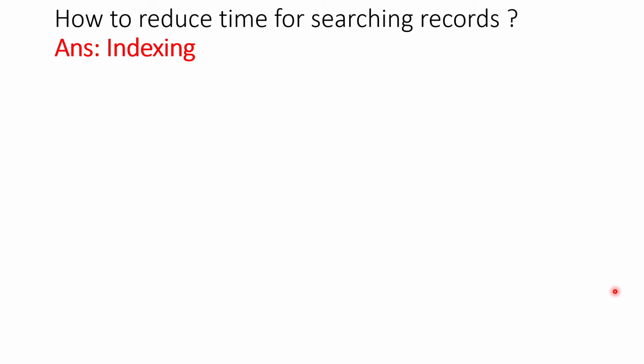For example, in your book, whatever book you have, maybe a story book or anything else, suppose the total number of pages is 500, and there are say 20 different stories present in the book. Now if you want to find a particular story, what do you do?